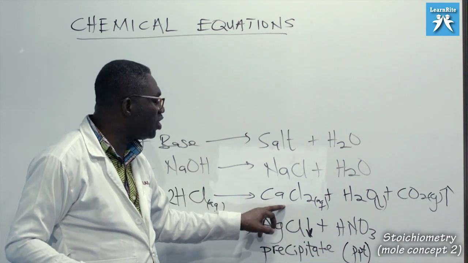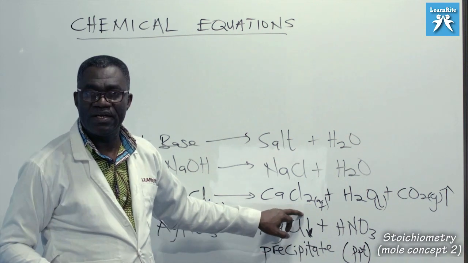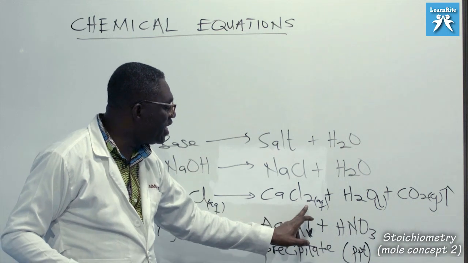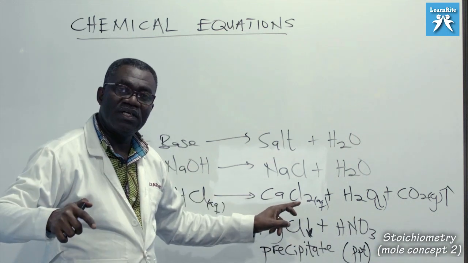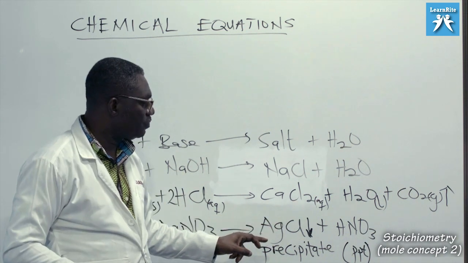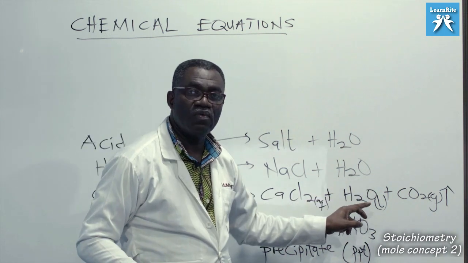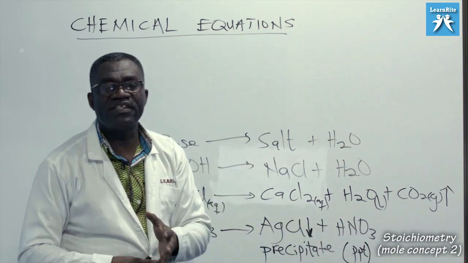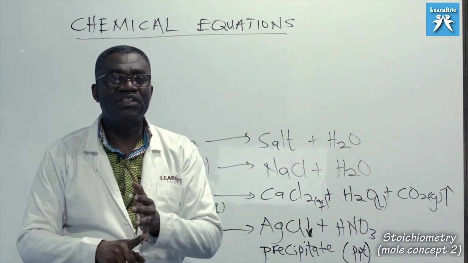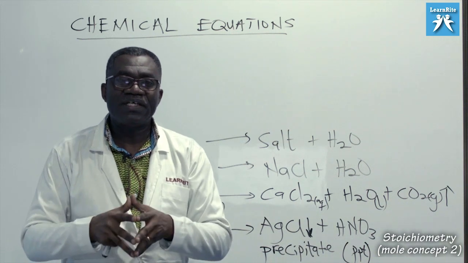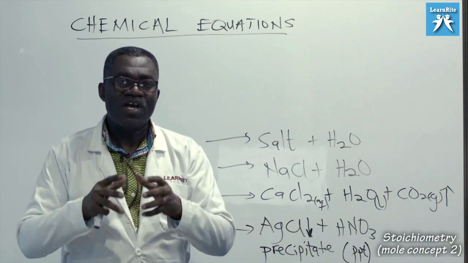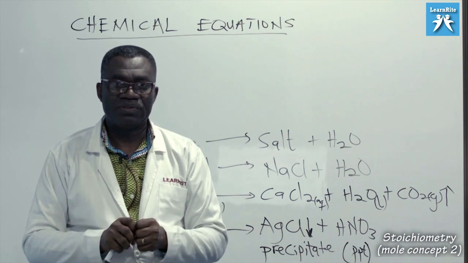You cannot put CaCl1 there. If this 2 is not here, that is not calcium chloride. Water is rendered as H2O. So the first characteristic is that the substances in the chemical equation must be correctly represented by their symbols.